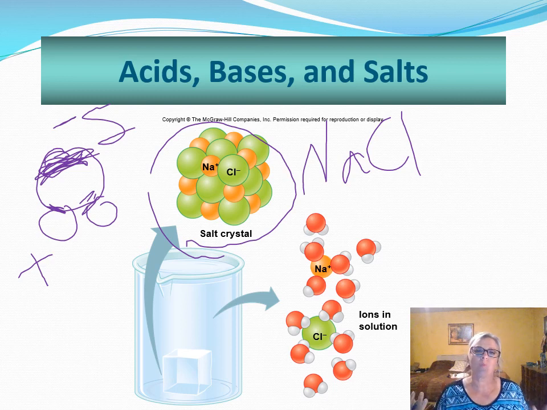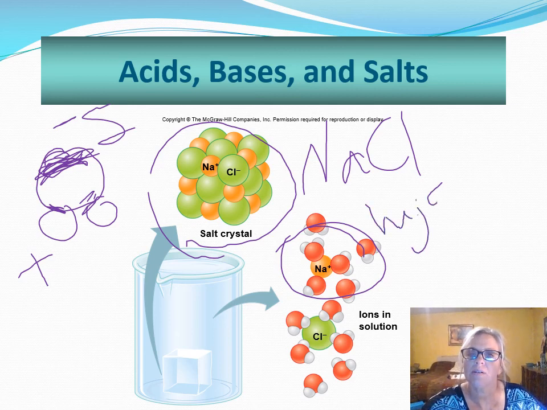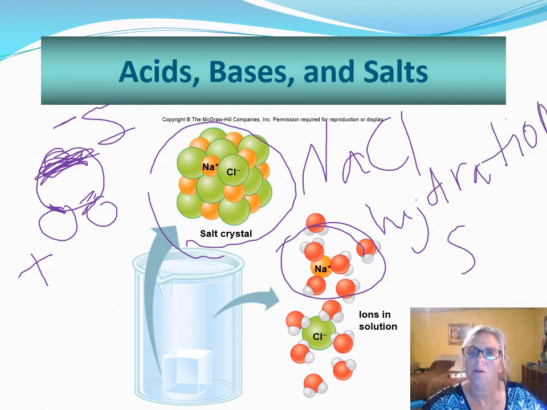And so the way this works when it's dissolving something or breaking them down is sodium has a positive charge, chlorine a negative charge. So we know that positives and negatives are attracted to each other, right? So sodium will be surrounded by the negative side of water molecules, and that creates what we call a hydration shell, because they're being surrounded by water molecules.